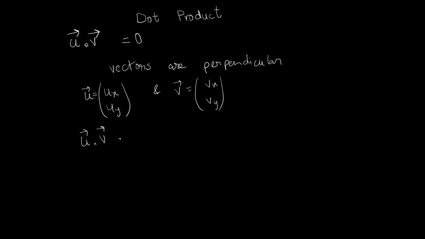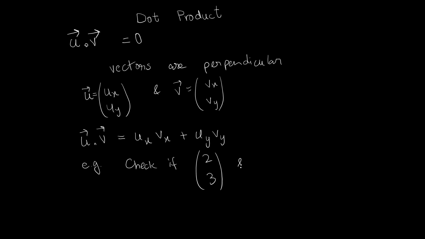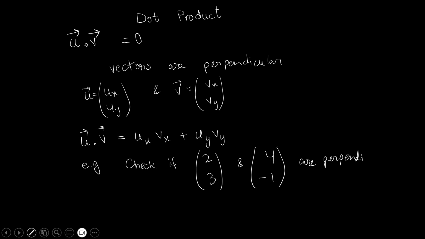And in order to find the dot product, just multiply their respective components. So ux with bx, uy with by, and add them together. For example, in order to check if they are perpendicular, just multiply them.